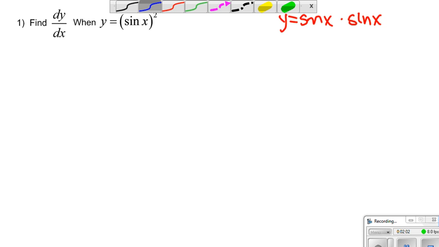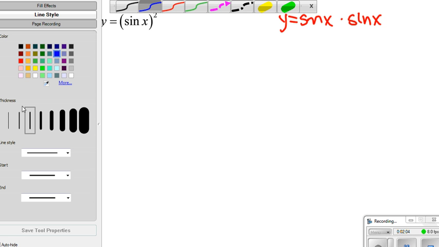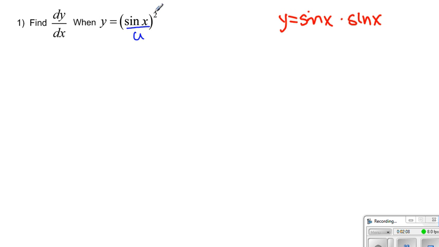In order to calculate this one, what I like to do is use this portion as u. So we are looking at y equals u squared, and u equals sine of x.